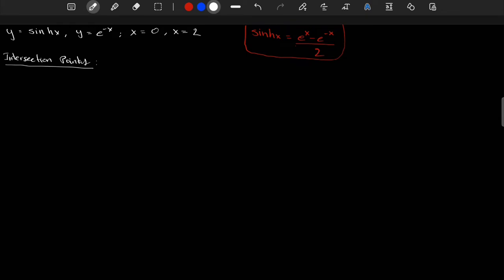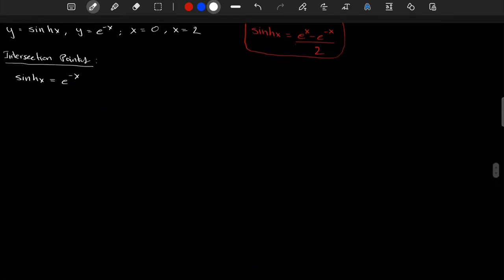To find the intersection points, we can set these two functions equal to each other. So we have sinh x equals e to the negative x.